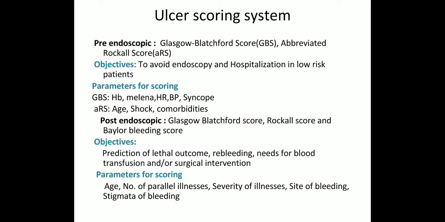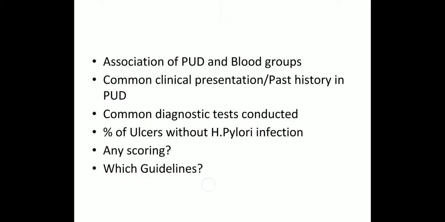And the other two, that is GBS as well as RS, have the same objectives, that is, the main objective of these scoring systems is to manage the therapy of the PUD. The parameters of the Baylor bleeding score are: age, number of parallel illnesses, severity of the illness, site of bleeding, stigmata of the bleeding.